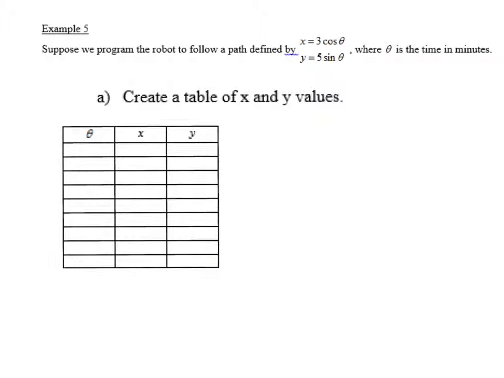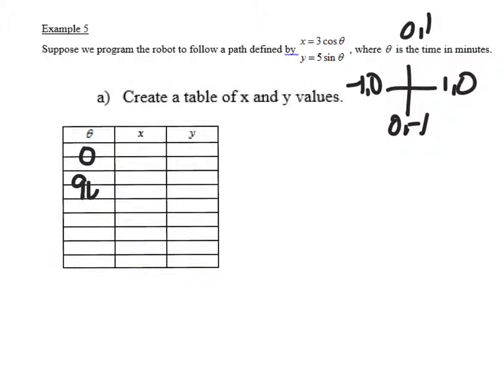Okay, now we're going to get into thetas. My suggestion for the thetas is to use your standard ones from your unit circle. Your 0, your 90, your 180, and your 270. So for theta, I would always use 0, 90, 180, 270, and kind of do it that way.